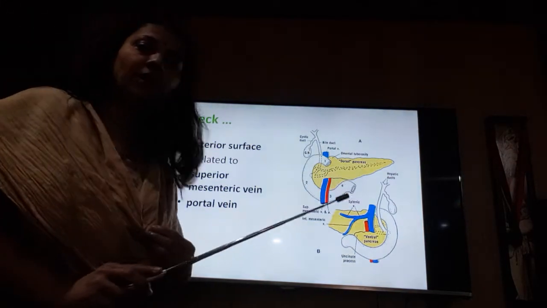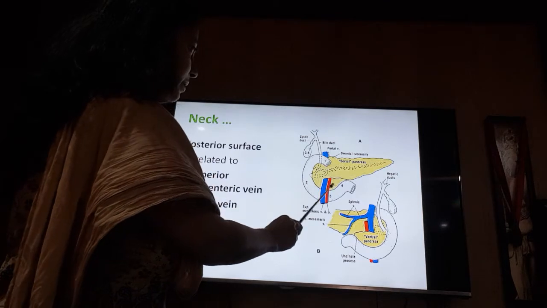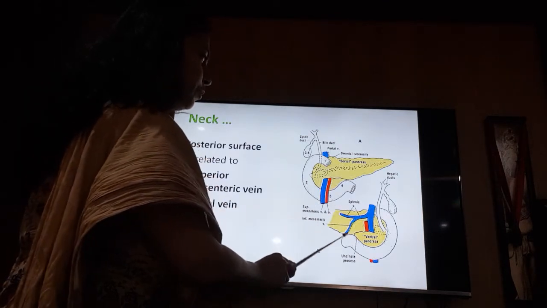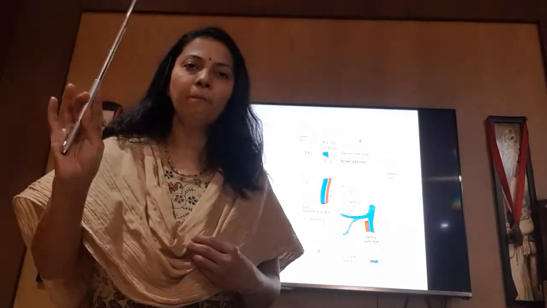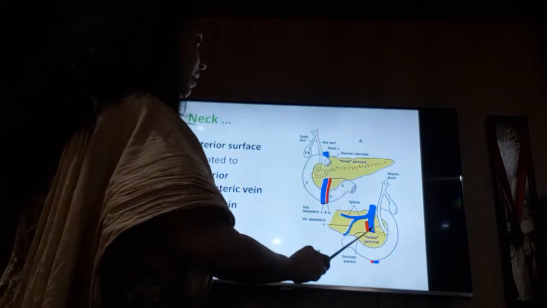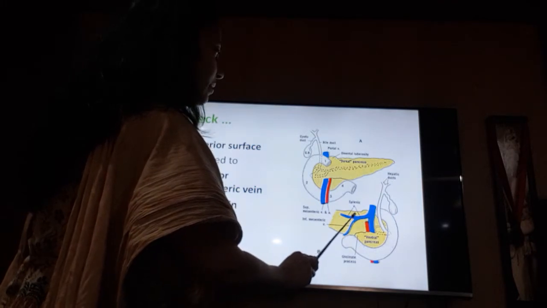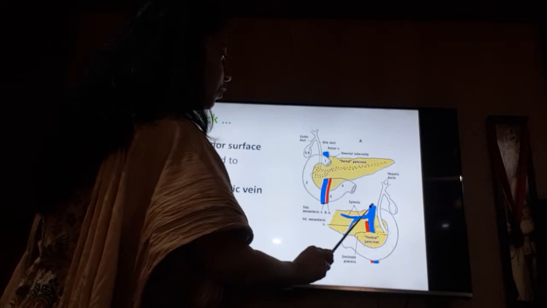Now we talk about the posterior relation. This is the anterior aspect, but if we look from behind, this is the posterior portion. We are looking at the pancreas from behind in this lower diagram. We can see the superior mesenteric vein and the splenic vein. Both of them join to form the portal vein.